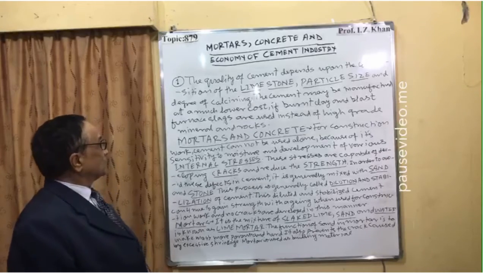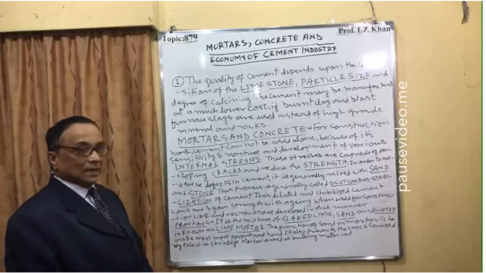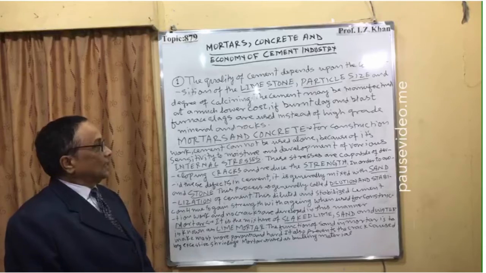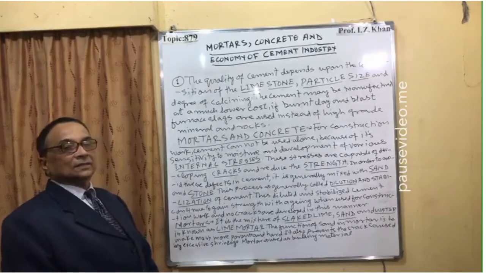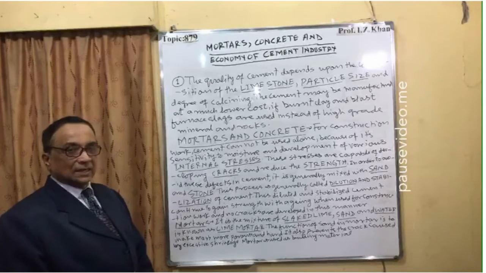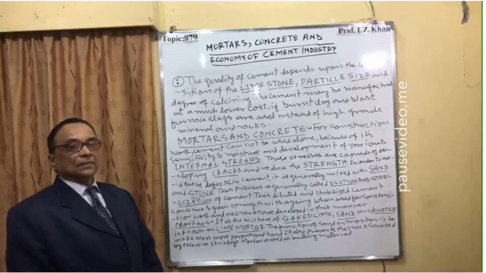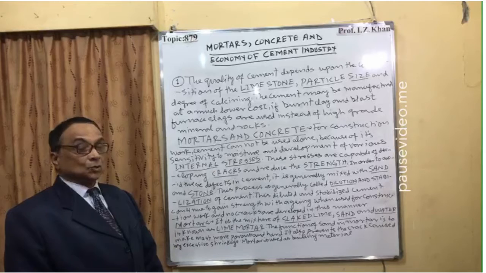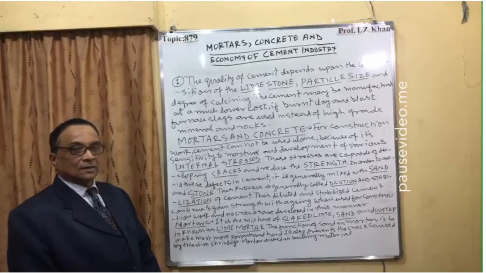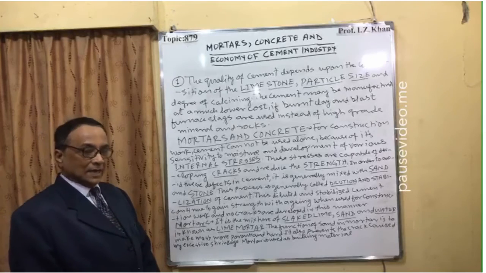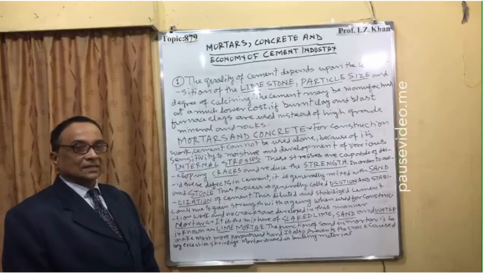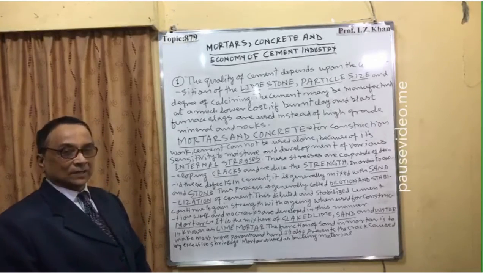Cement may be manufactured at a much lower cost if burnt clay and blast furnace slags are used. So if you want to drastically reduce the cost of manufacture, you should look for burnt clay and blast furnace slags.